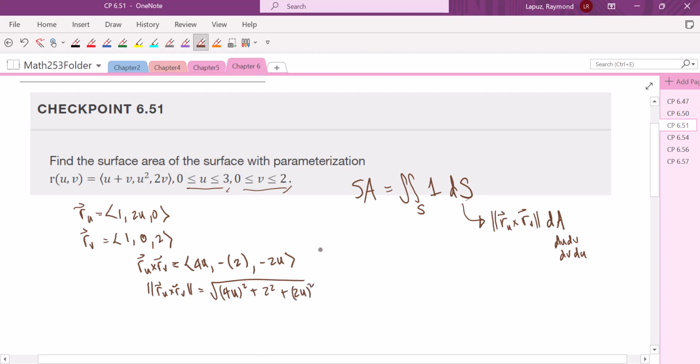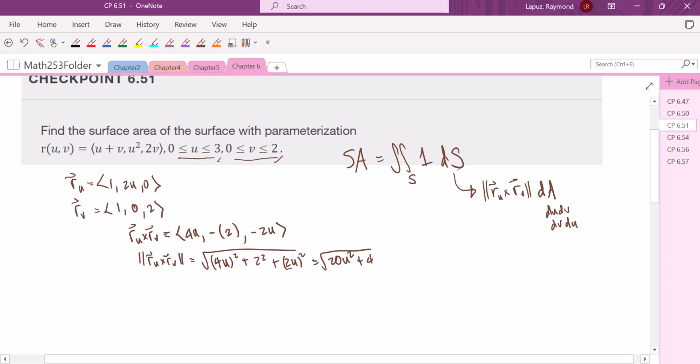They're all being squared, so I'll just make them all positive. And I have 16 plus 4, which is 20, u squared plus 4 here. Suppose we can factor out a 4 or a 2 from the square root if we wanted to. I don't know if that'll make things easier, but we'll just leave it like that.